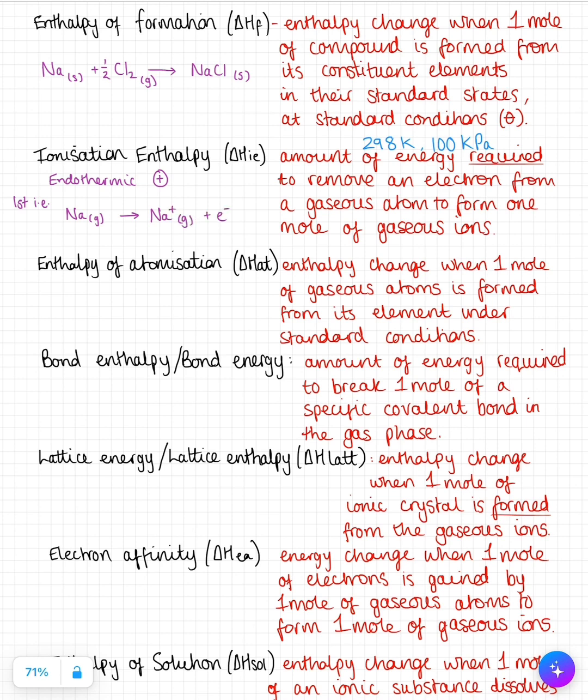First ionization enthalpy refers to 1 electron being removed. If we were to look at the second ionization enthalpy of, let's say, magnesium, we already have removed that first electron. So then we are removing that second electron to form magnesium 2+.